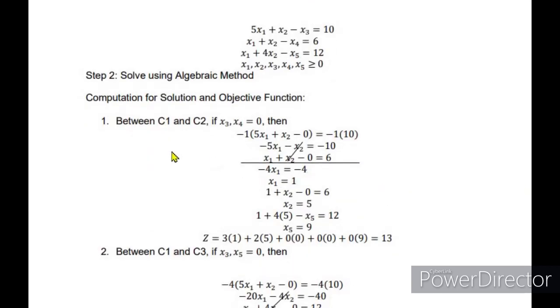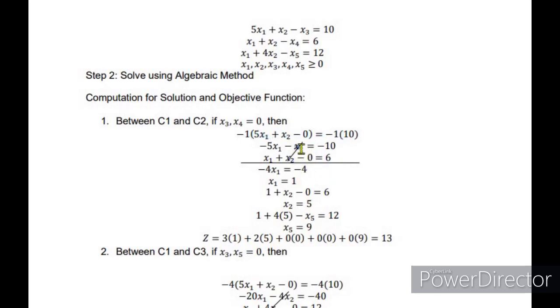To solve using the algebraic method, between constraint 1 and constraint 2, if x sub 3 and x sub 4 are equal to 0, then we will just use the elimination method. So you notice here that this is the first constraint, okay? And this is the second constraint. So to have the elimination method, we multiply negative 1 to the first constraint to eliminate x sub 2, okay?